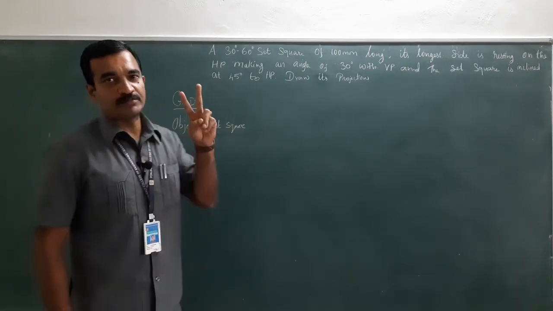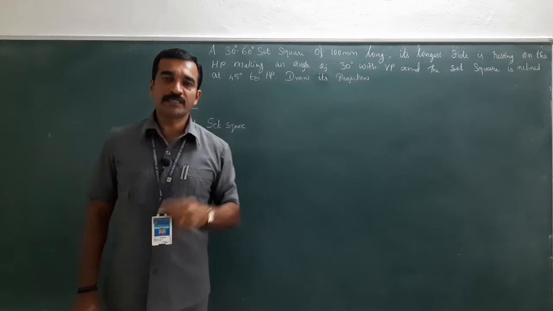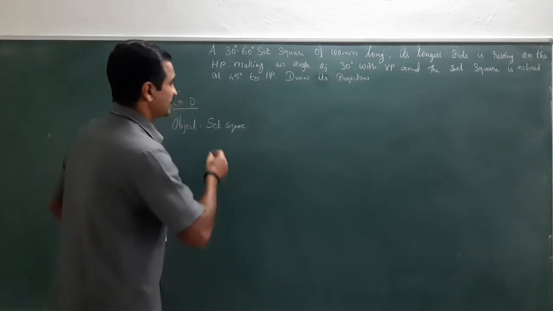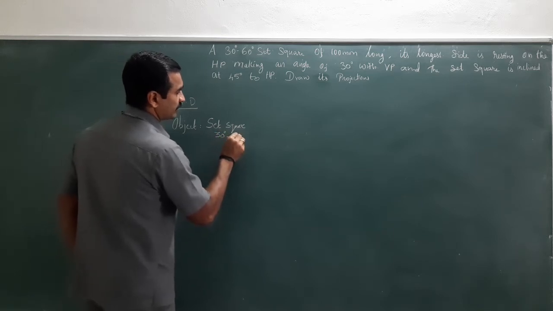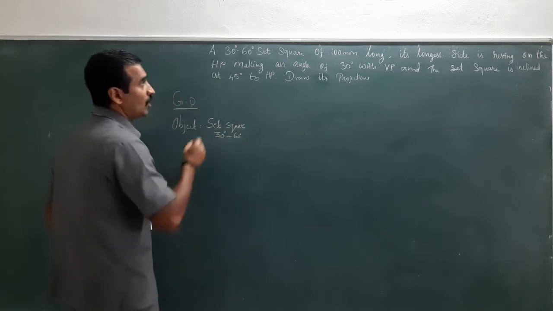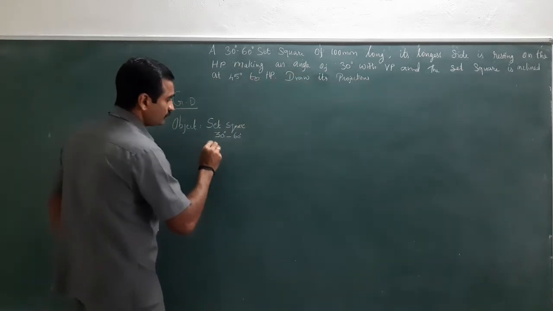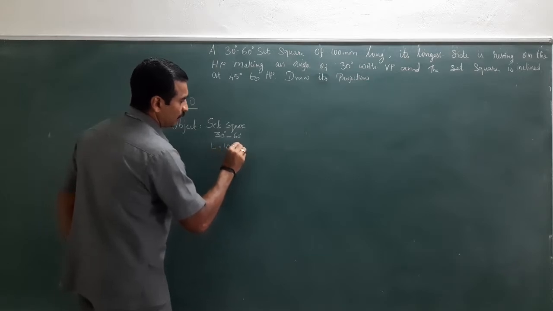See, there are two types of set square, isn't it? Here 30-60, the other one is 45-45, isn't it? Here it is 30-60, 30 degree, 60 degree set square of 100 mm long, and this is equal to 100 mm.